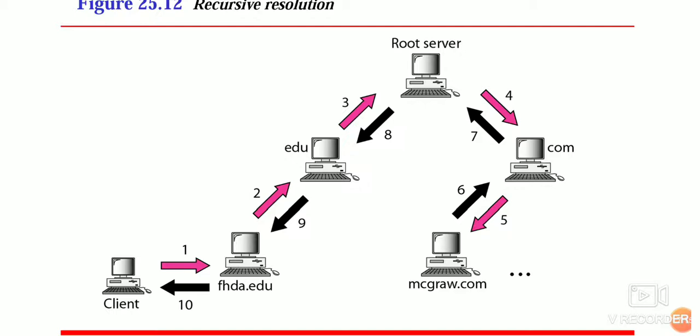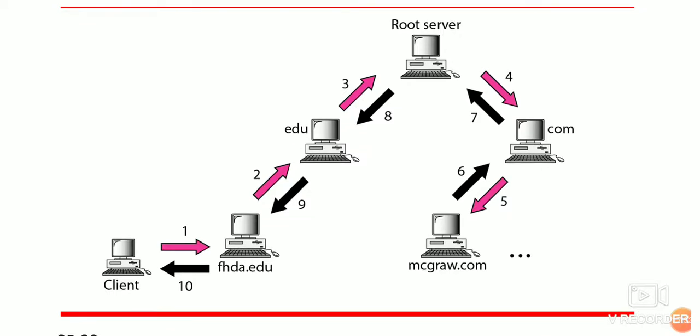From there it goes to the root. Edu is the zone server, and from the zone it goes to the root server again, because edu and fhda cannot resolve it. Now the request propagates to the root server, from the root server to the com server, and from com to megra.com.